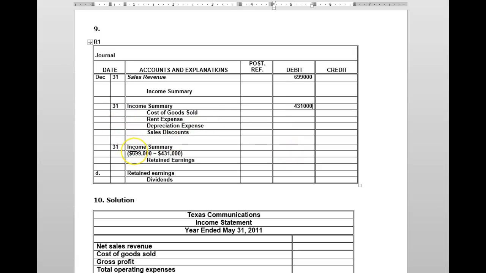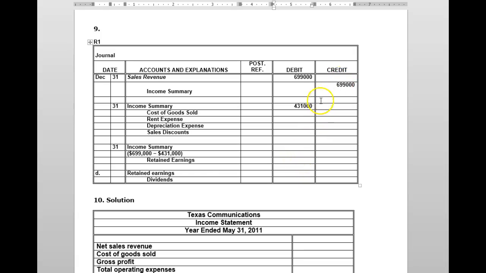Now we come to the third entry, which is the income summary and the retained earnings. The difference between these two, I did do that backwards, folks. This should also be $699. I guess I should do that so as not to even confuse you or me. So the difference between this $699 and this $431 is what gets transferred into the retained earnings.